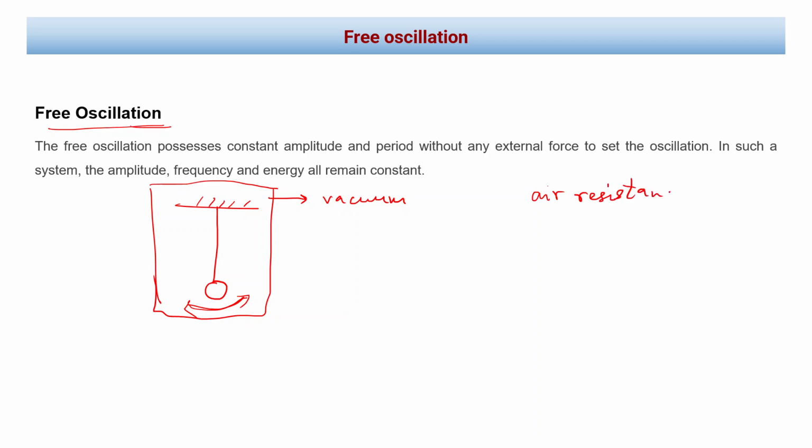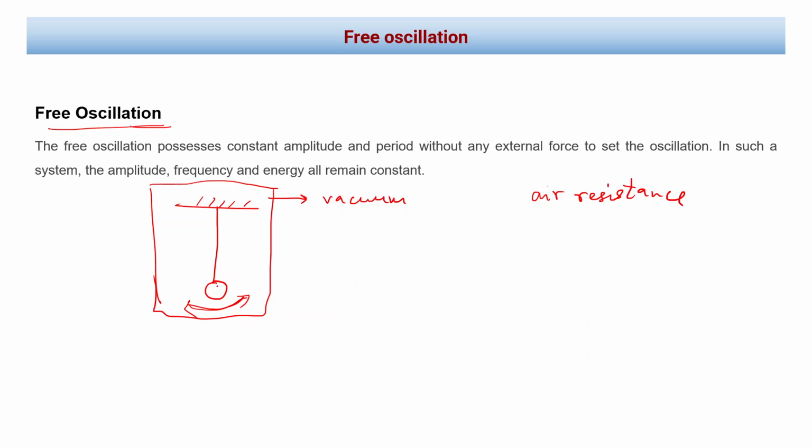The particles in the air resist this motion, and eventually whatever energy it had is spent in overcoming this resistance, and it will come to a stop. So that's why free oscillation is not possible around us. It's more like an ideal condition that may happen if a vacuum is created, so that there is no air and there is no resistance.